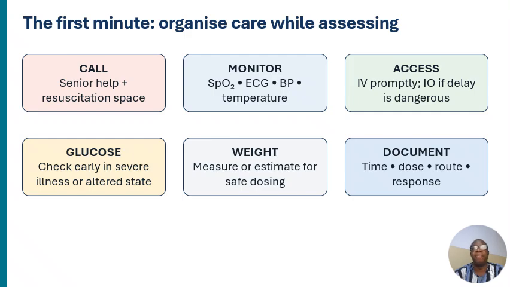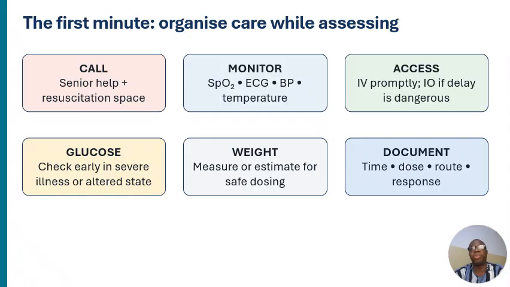Obtain IV access promptly. If repeated IV access attempts are delaying life-saving treatment, use intraosseous access according to the protocol. Check bedside glucose early in any child with severe illness. This is very important. Altered level of consciousness, convulsions, or inability to feed are the things you must pay attention to. Obtain an accurate weight whenever possible.